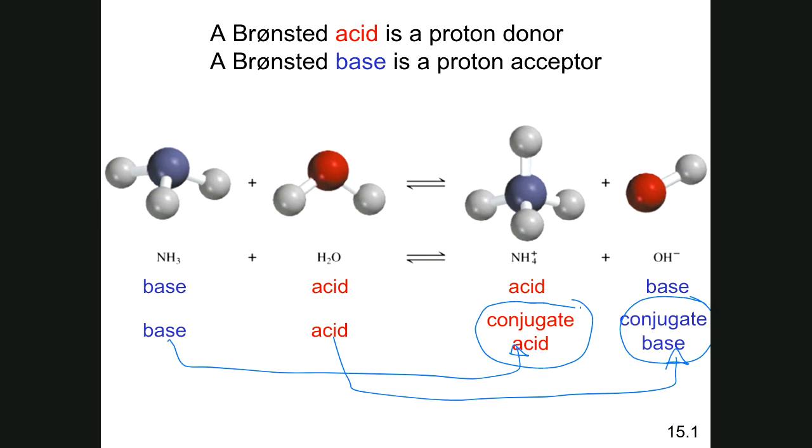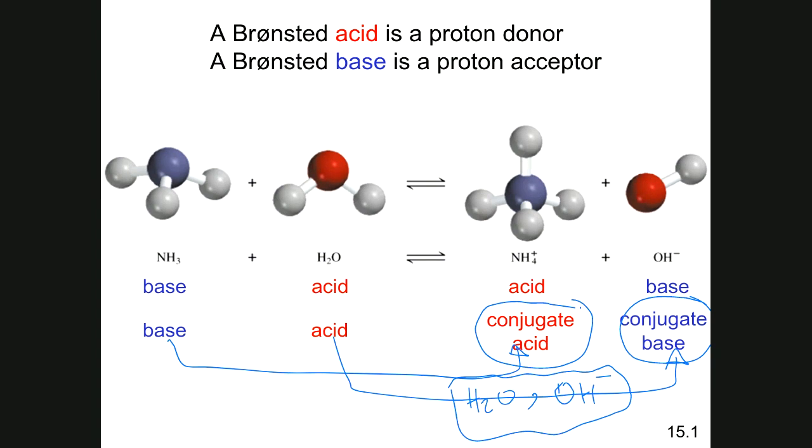So if you compare H2O with OH minus, this is a one proton difference between the two. So this is called the acid conjugate base pair.